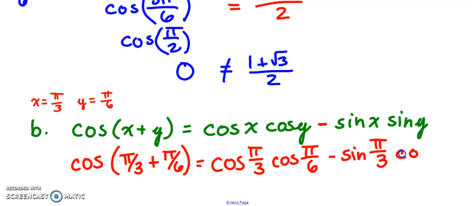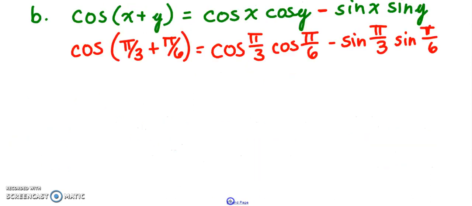And all we're doing is substituting in for x and y. And again, we already said what x and y are. And why are we using these same ones again? Because it says to use the same values from A in the problem for B.